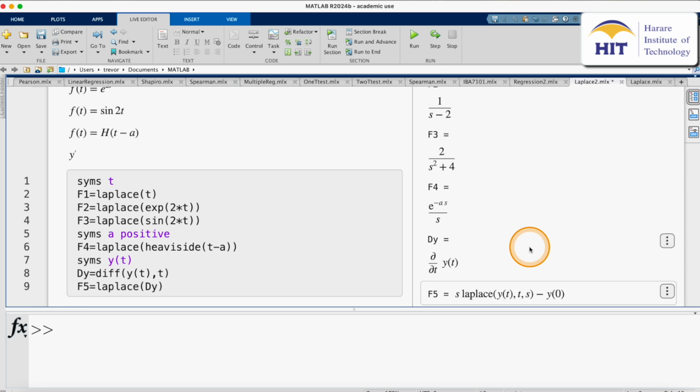And we have the Laplace transform of the derivative of y is equal to s multiplied by the Laplace transform of y, where the independent variable is t and the transformation variable is s, then minus y evaluated at 0. So this is the Laplace transform of the derivative of y.